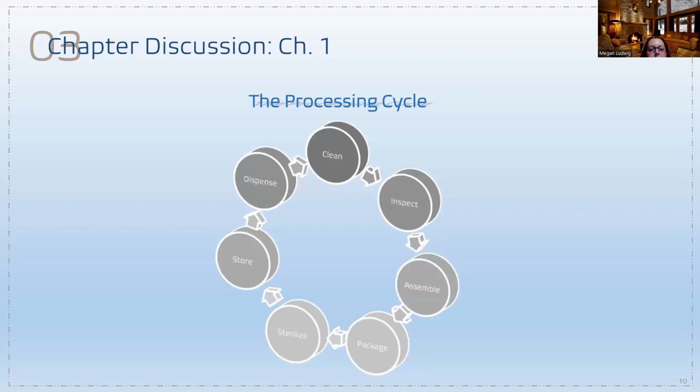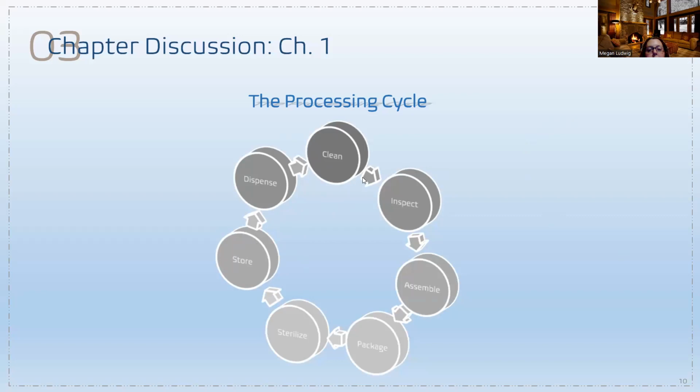All right, so the processing cycle, the big picture, I guess you could say, is let's start with storing it. We've stored it, we're taking it out, dispensing it to the OR.